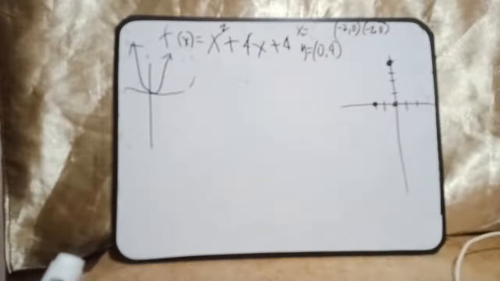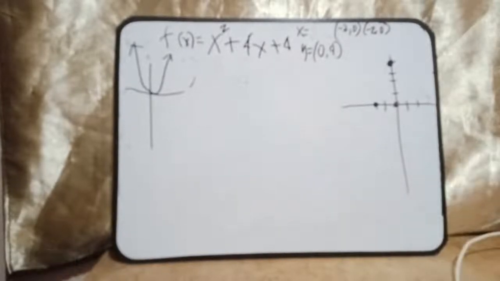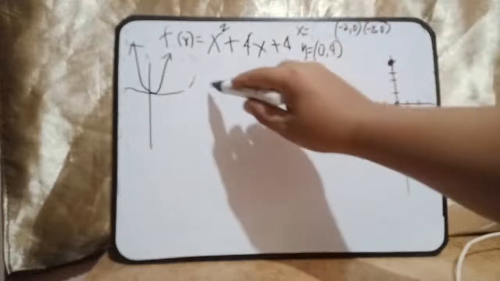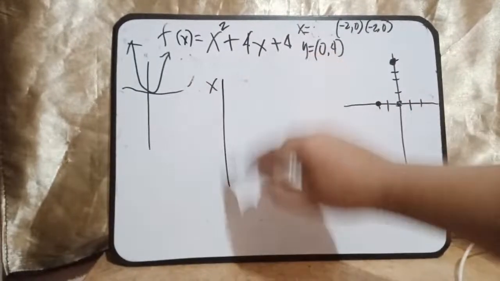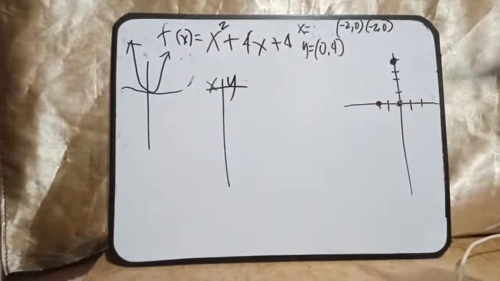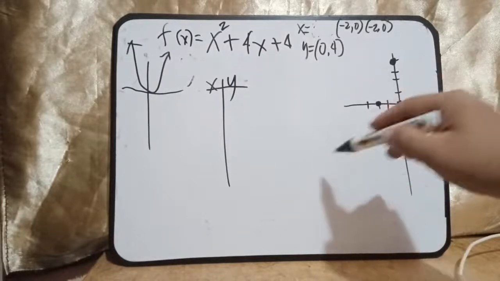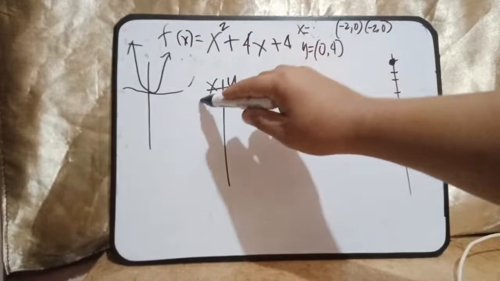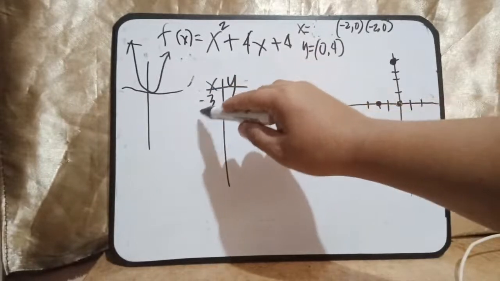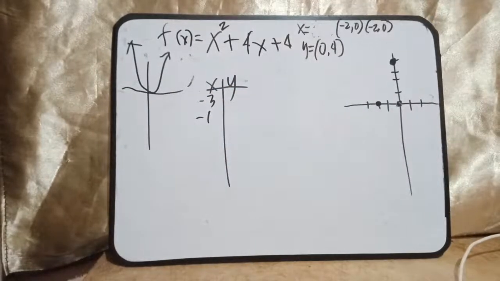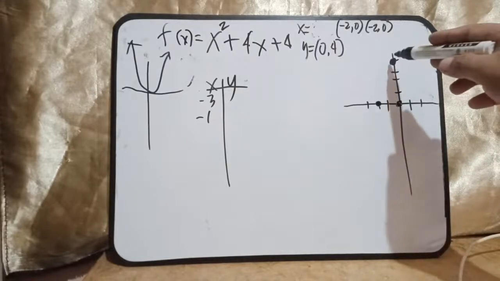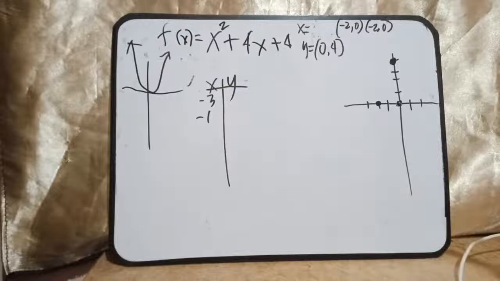So if here x and then y, our x here, we have 1 at saka negative 3, negative 1, negative 3 and then negative 1. What about here? It's y already. So we have to solve for negative 3 at saka negative 1.